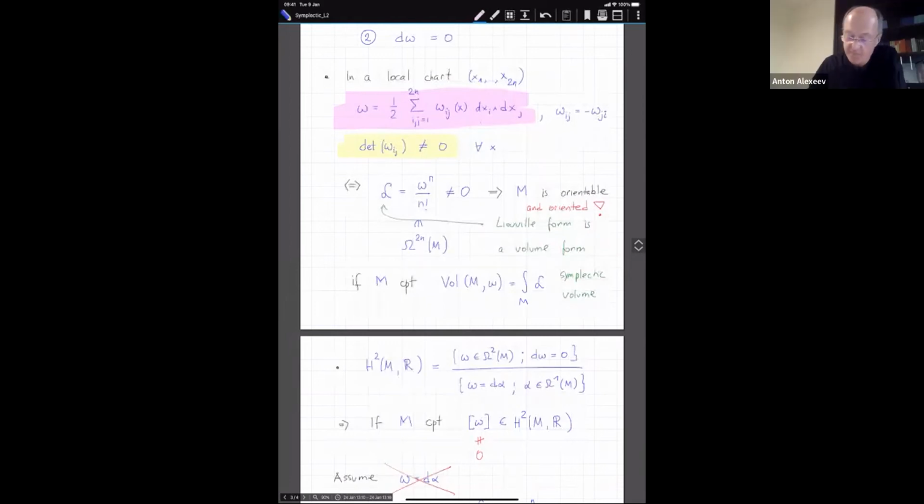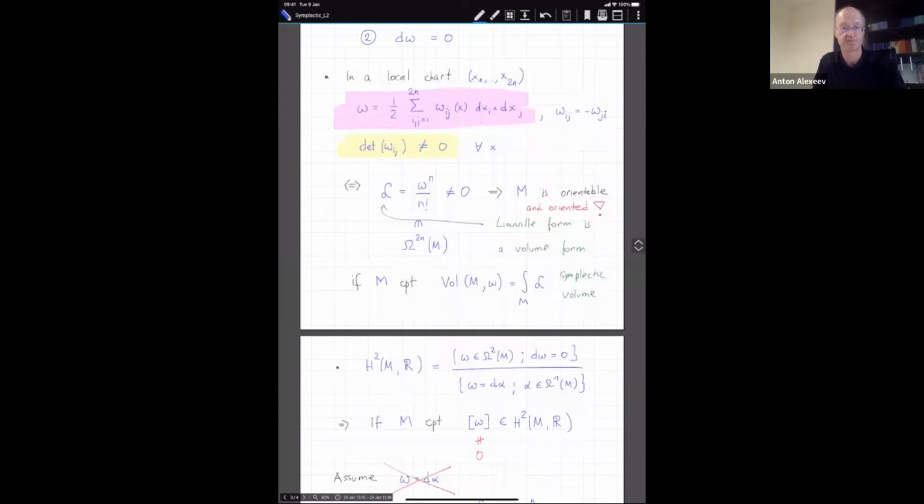Maybe that's one way to say it, but I would put it that way: you should put this vector field in dx_i, and then minus you should put it in dx_j. So there will be two terms, but they will turn out to be the same. And that's where the 1/2 goes. You have two terms, so this is a factor of 2, and it cancels the factor of 1/2.